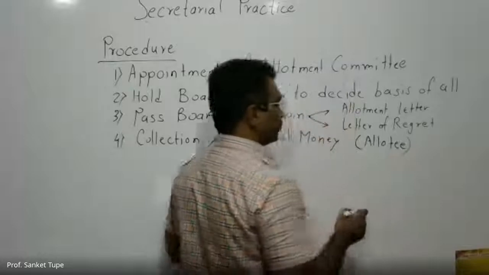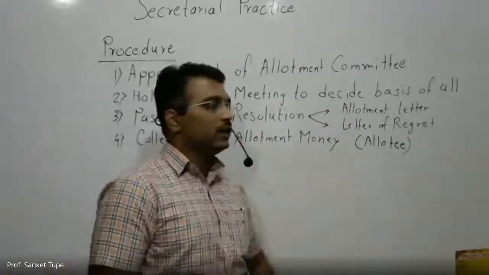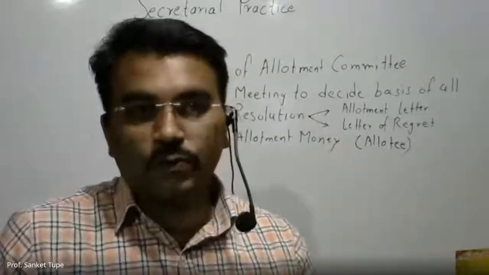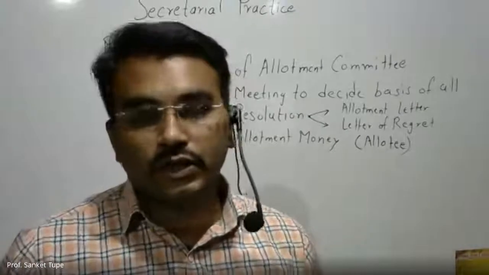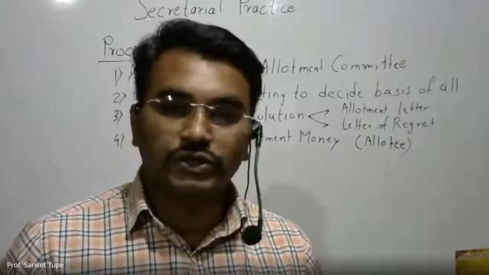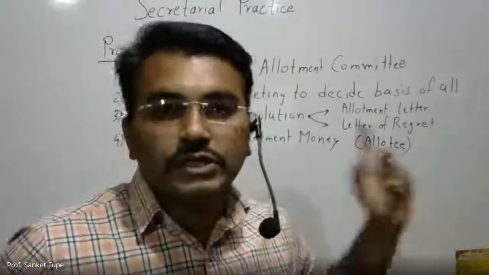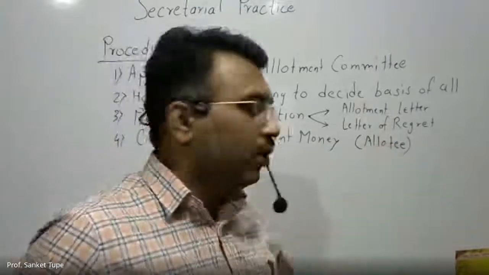The person who is going to be a shareholder of the company will be called the allottee. The allottee will be informed what amount is to be deposited into the bank for getting the shares. After the application money, it is a second installment, which is informed through the allotment letter.